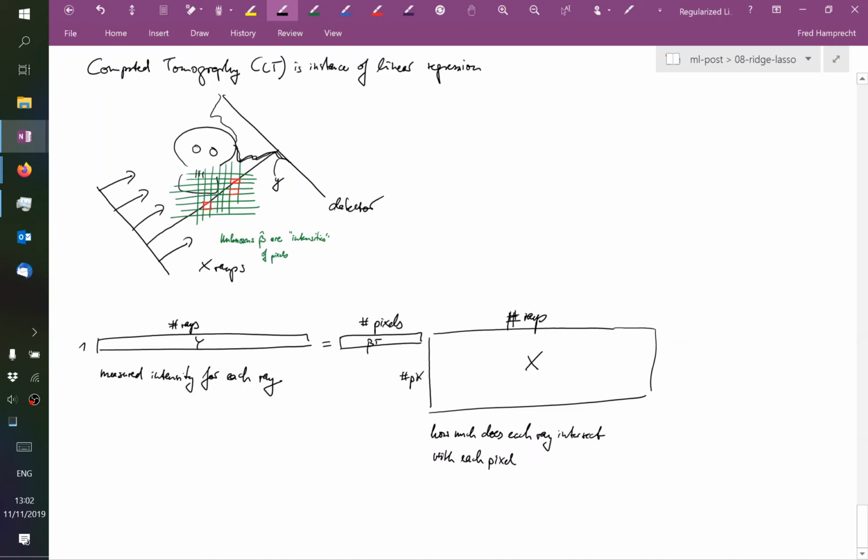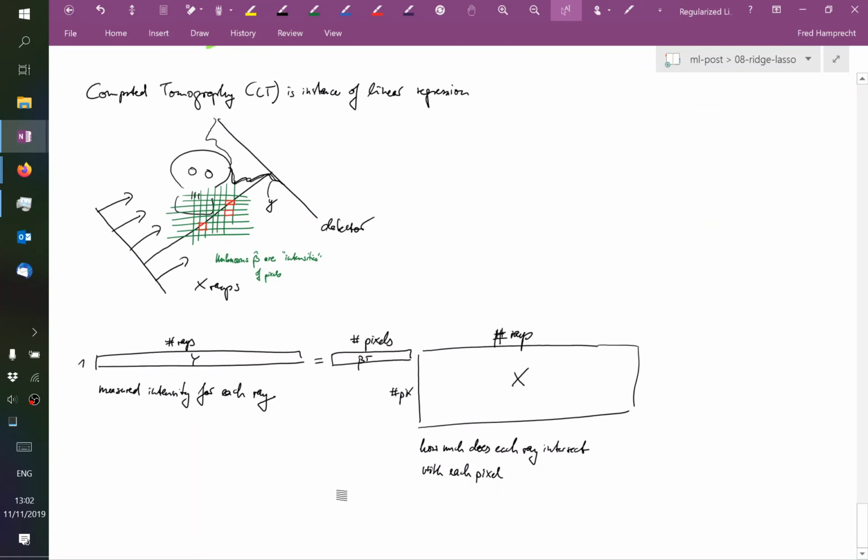And the rays could be in a very general geometry. So the way I've drawn it here, we have a couple of rays that went from the bottom left to the top right corner. But we can also have rays that go from the top to the bottom and so on. And all of these rays, wherever they come from, all of these measurements, we compile them in a huge linear system.